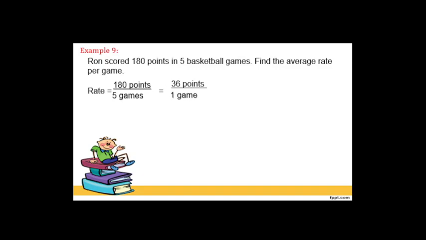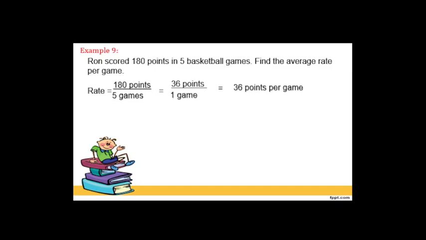So, we can write 36 points over 1 game as 36 points per game. Again, understood that game is 1. So, meaning, in the 180 points in 5 games, per game is 36 points. The score gained is 36.